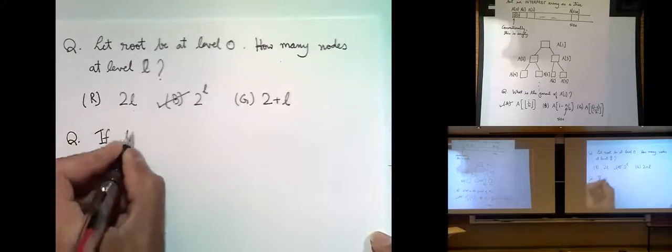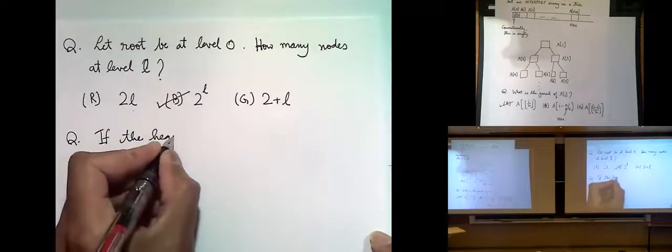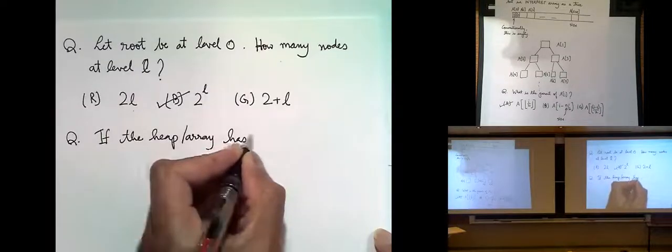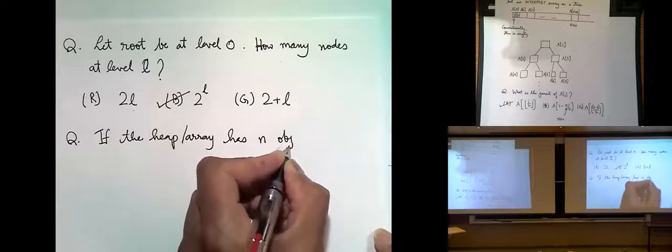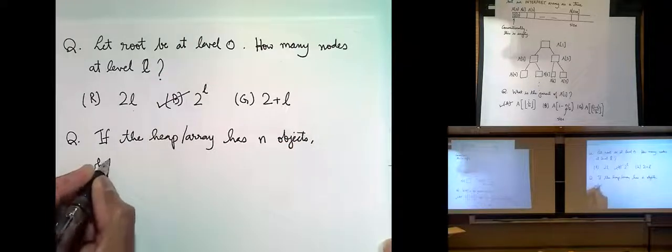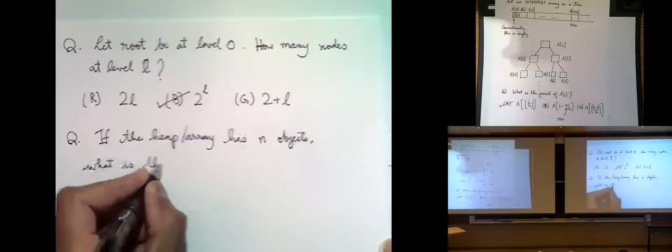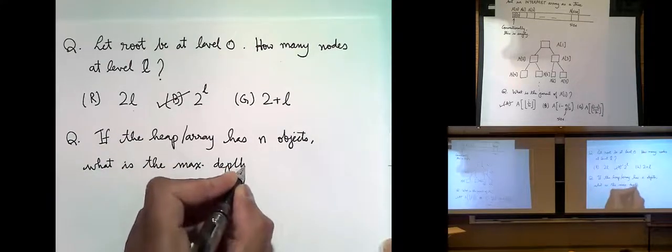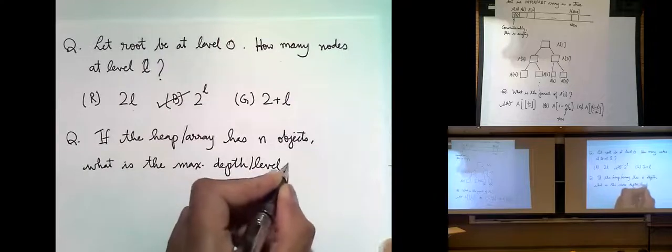If the heap, which in this case is just the array, has n objects, what is the maximum depth or the level?